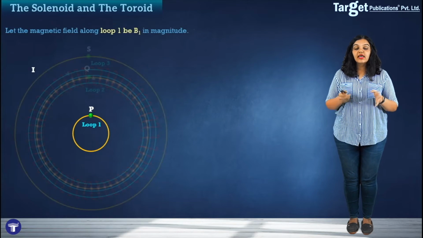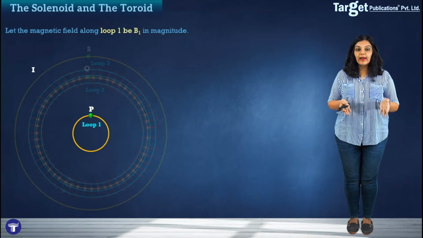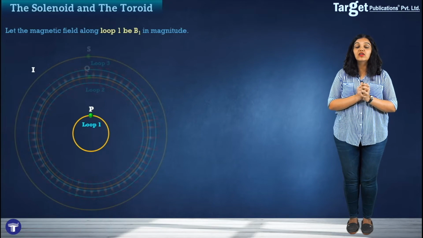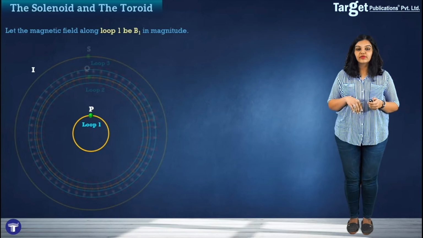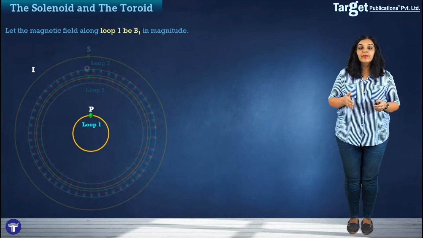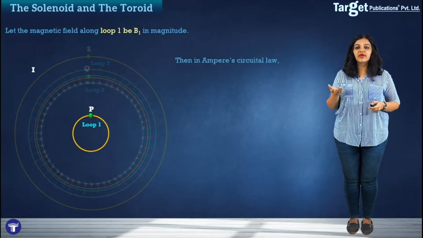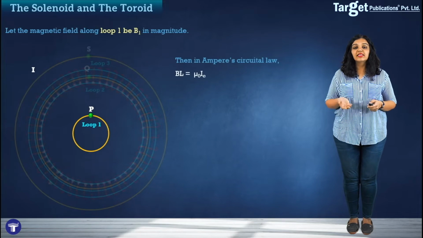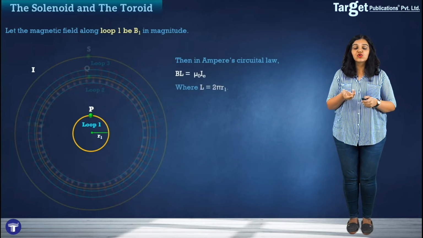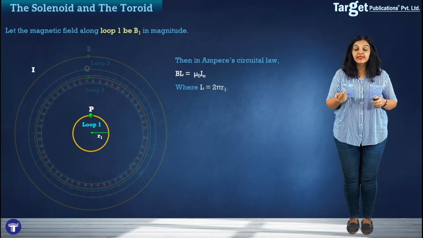So let's start by finding the magnetic field along the Amperian loop at point P. So let's look at loop 1. Let the magnetic field along loop 1 be B1 in magnitude. Remember that the magnetic field along the loop will be the same and is tangential to the loop. So here I can quickly apply Ampere's circuital law, that is BL is equal to mu naught IE, where L is nothing but the circumference of the loop, that is 2 pi R1, where R1 is the radius of this loop.